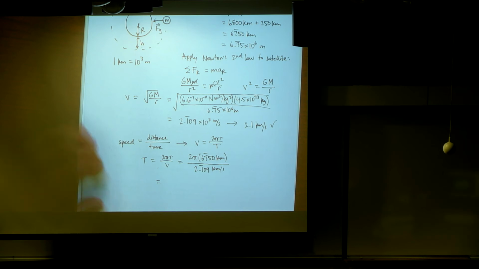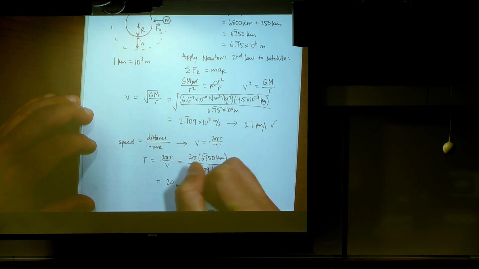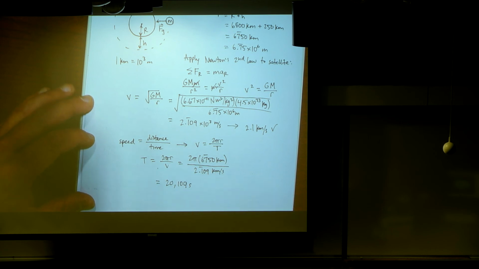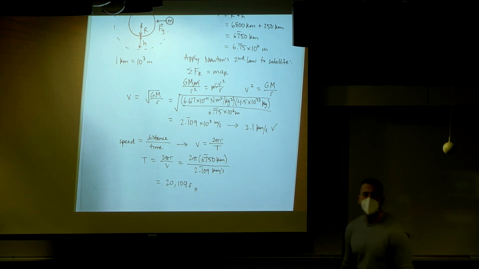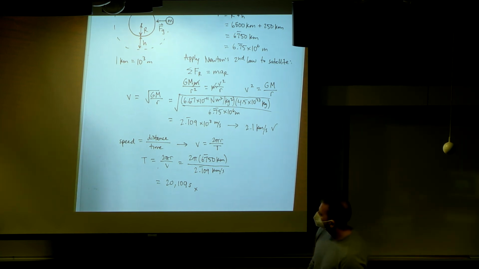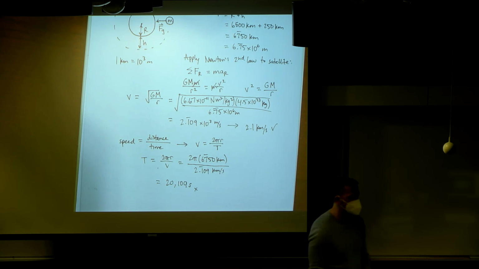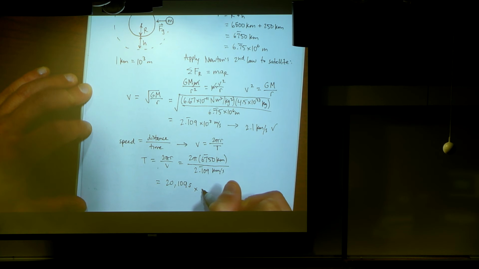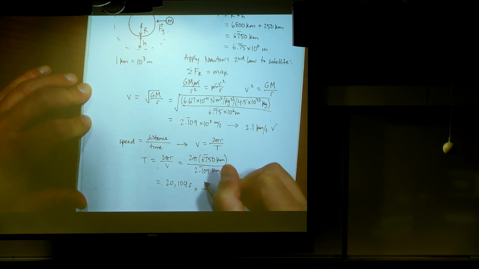20,109 seconds. How do we get that into hours? The question asked what the period is in hours. So seconds to hours, how do we do that? 1 over 60 times over 60. Yep. So in every 1 minute, I have 60 seconds.